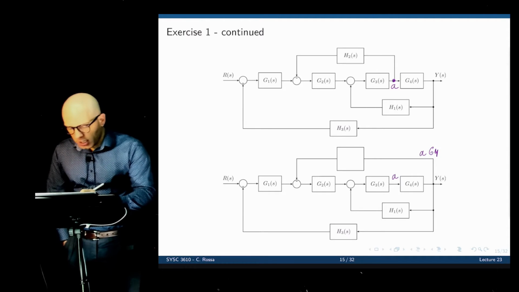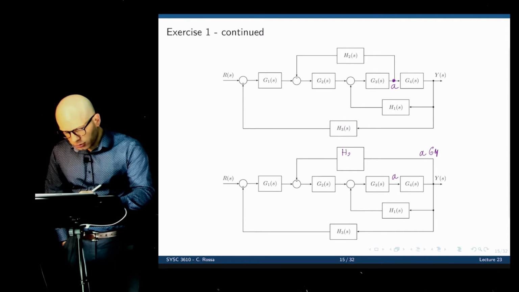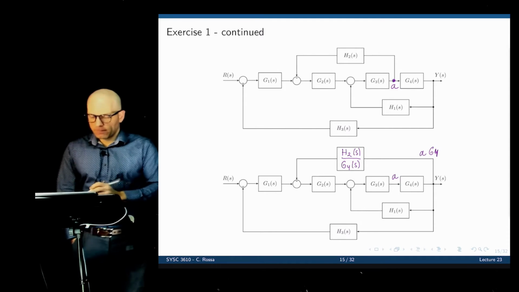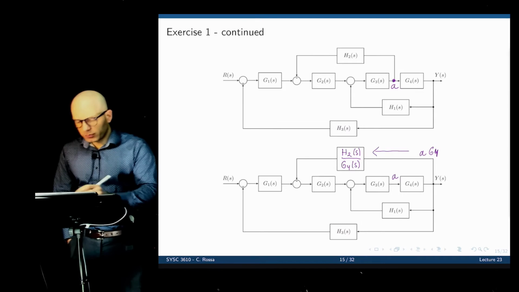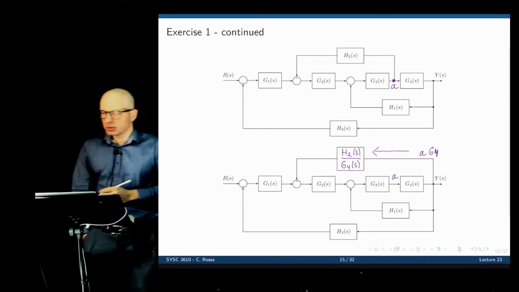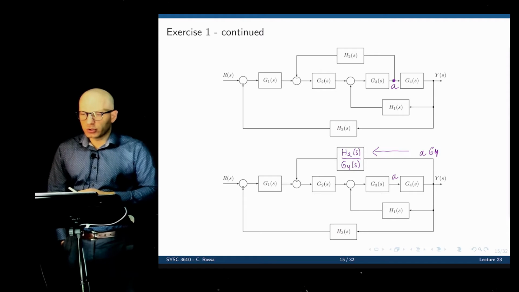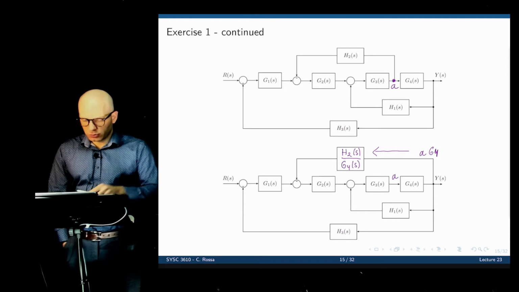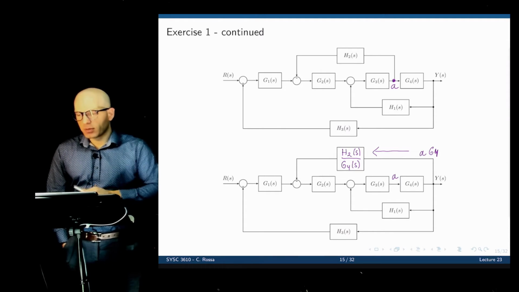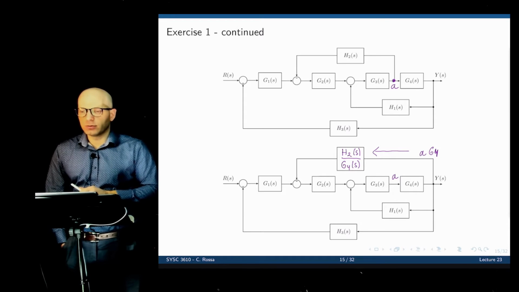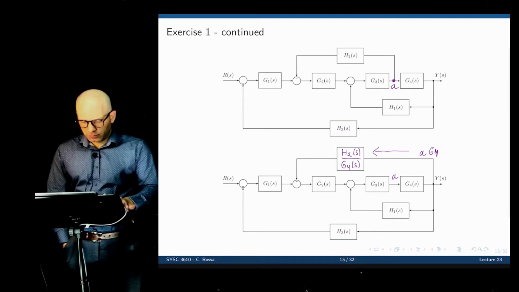So the function H2 on top here, H2 of S, we can divide that by G4 of S. Now when the signal goes through, the G4s will cancel out, and you are back with the original signal, which would be the signal A picked off right after G3. Does this make sense?